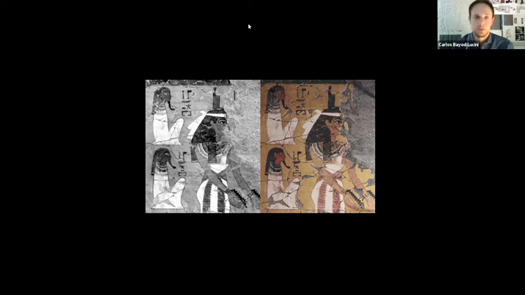So that could be applied, for example, to apply colors, like in the case of the images on the screen, starting from an existing black and white photograph, let's say an old photograph of a section of the wall of Tutankhamun. It is possible to apply colors to it based on the other recordings that we were capturing from the other walls of Tutankhamun, in order to recreate or bring back to life this fragment that was lost.